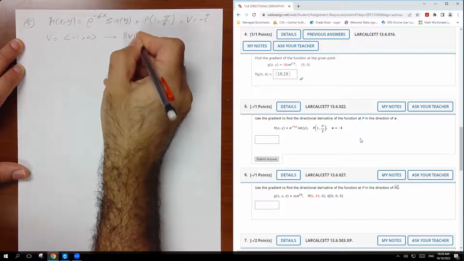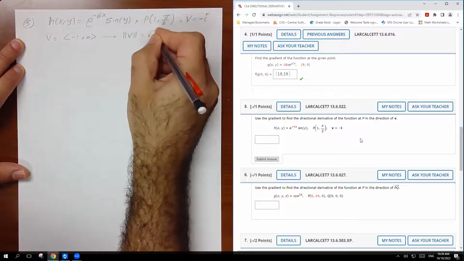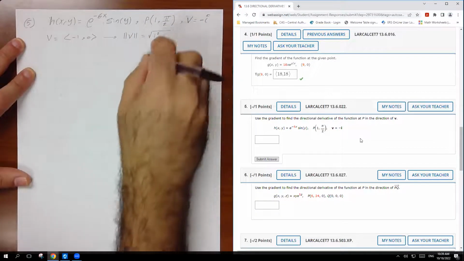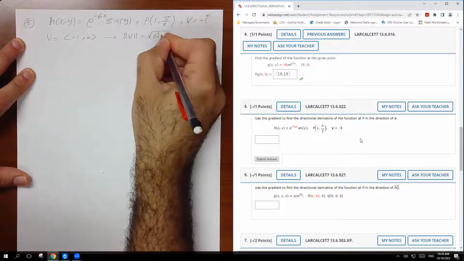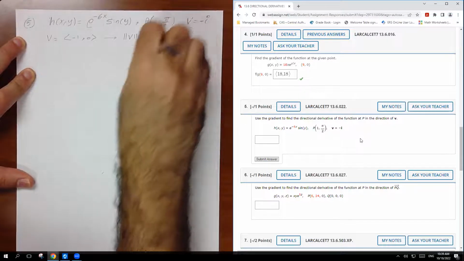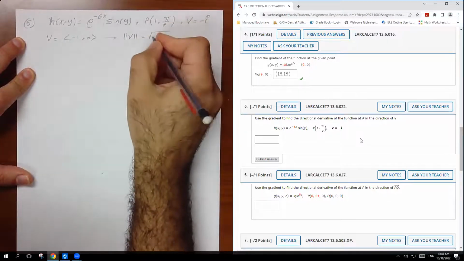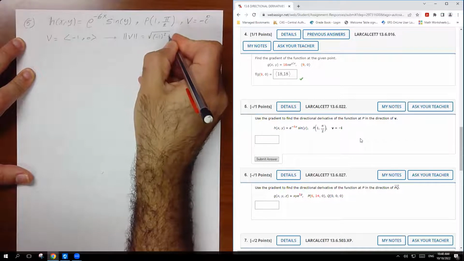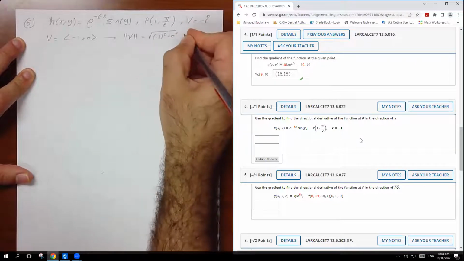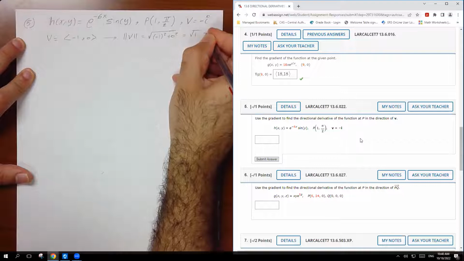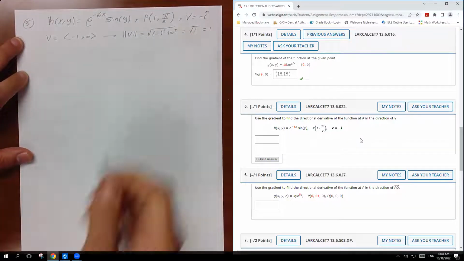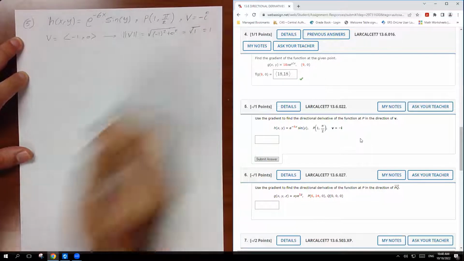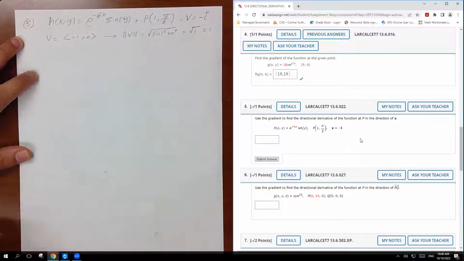The length of v is the square root of (-1) squared plus 0 squared, which is the square root of 1, equal to 1. So it's a unit vector. Before I start finding the gradients, I check whether it's a unit vector. If not, you have to convert it to a unit vector.